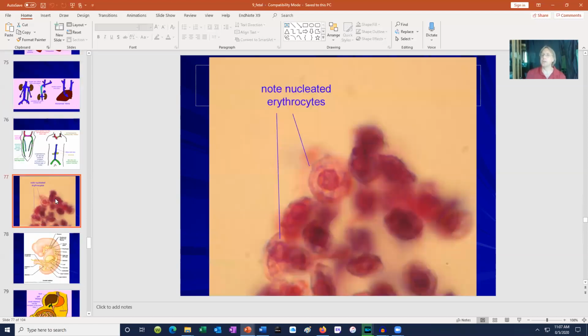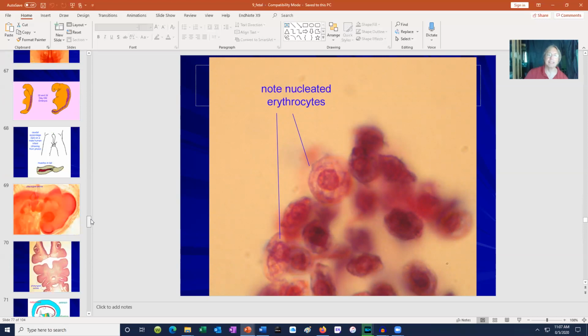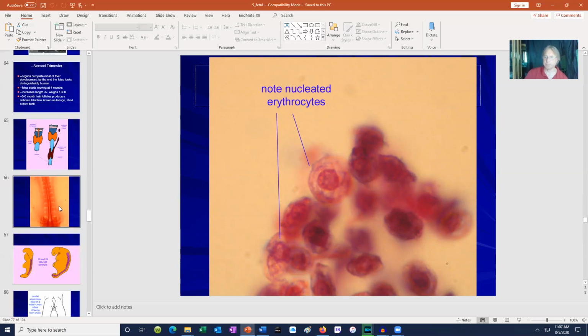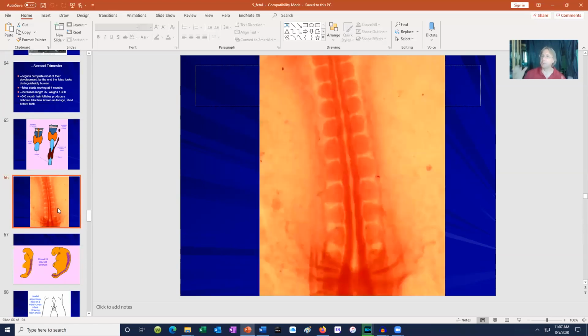And there are other examples as well. Even though as adults our red blood cells lack nuclei, as embryos they possess nuclei, just as the condition would be in reptiles.